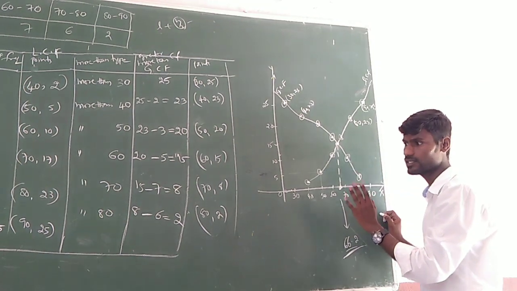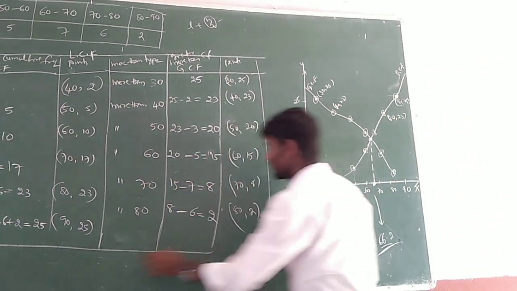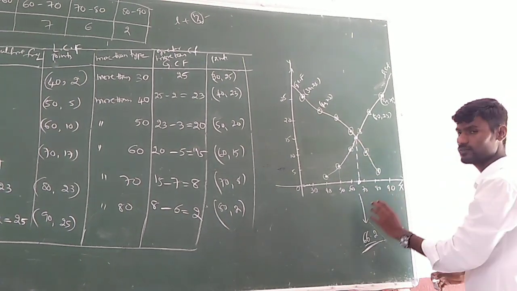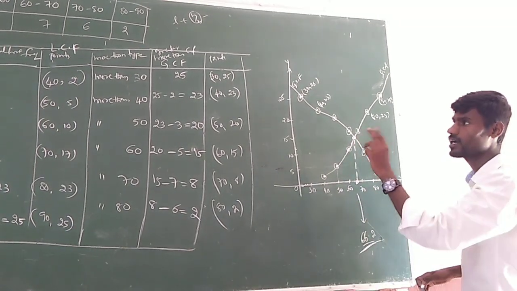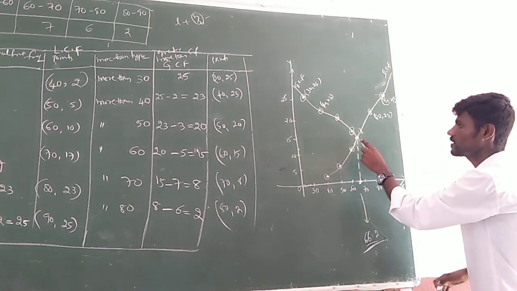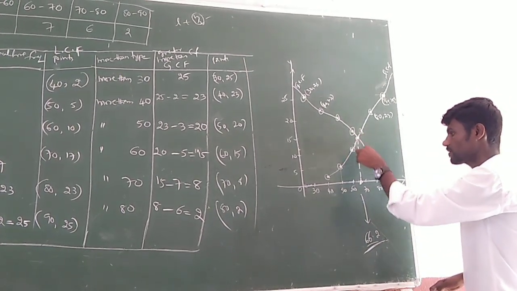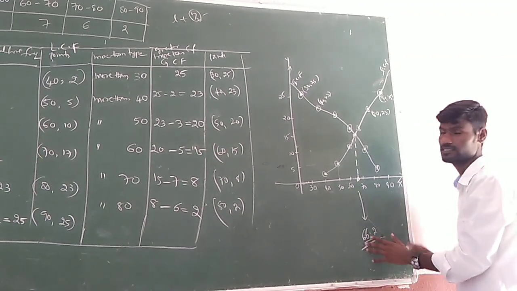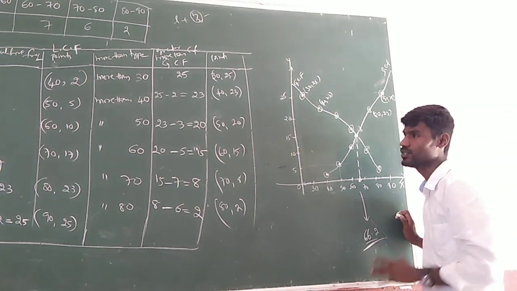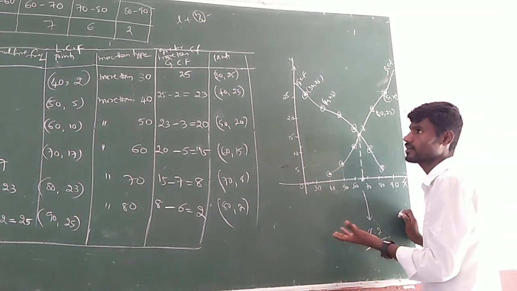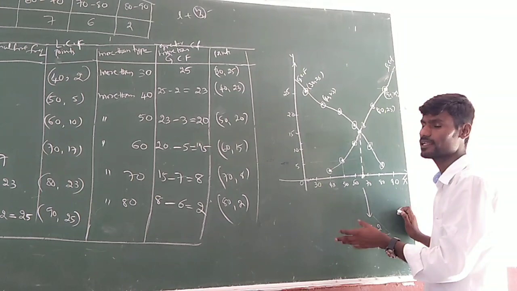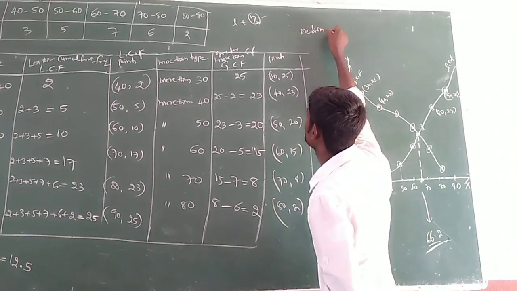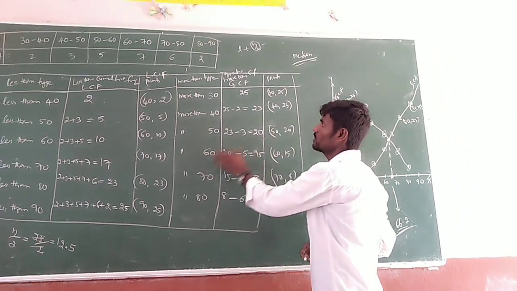If it is a single curve, we consider the n by 2 value on the y-axis, take a line to touch that curve and take a perpendicular onto the x-axis. That is the single curve process. Or with two curves, both curves intersect at a point; from that point you take a perpendicular onto the x-axis, and where it touches is your required median, the value 66.2 we are getting. So this is the graphical finding of the median using the less than type curve and more than type curve.